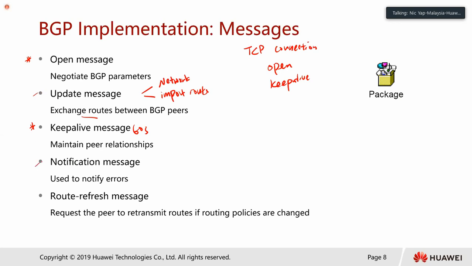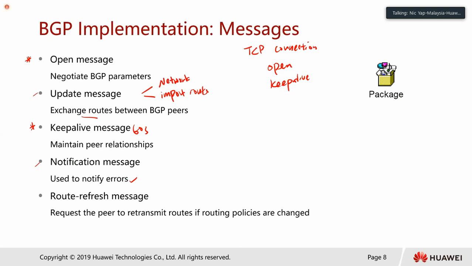The notification message is used to notify of an error. When you have an error between the peers, I will send you a notification. Or you can say that when your peer goes down, they will send you a notification telling you why the BGP peer went down.